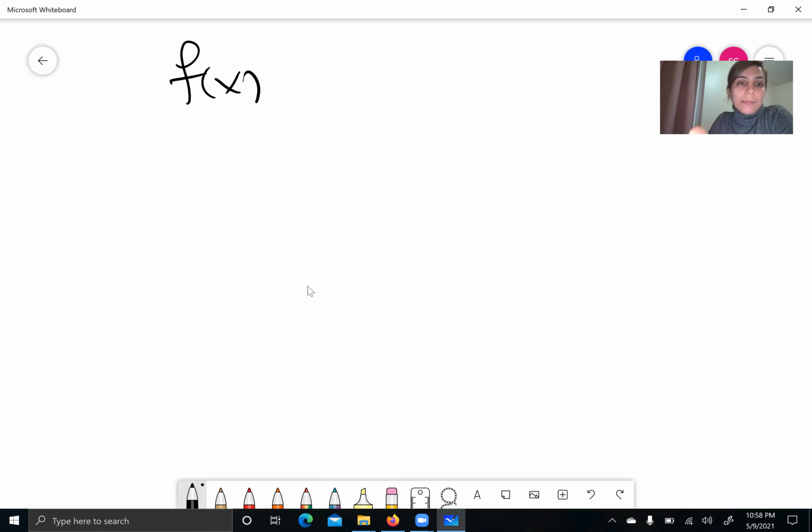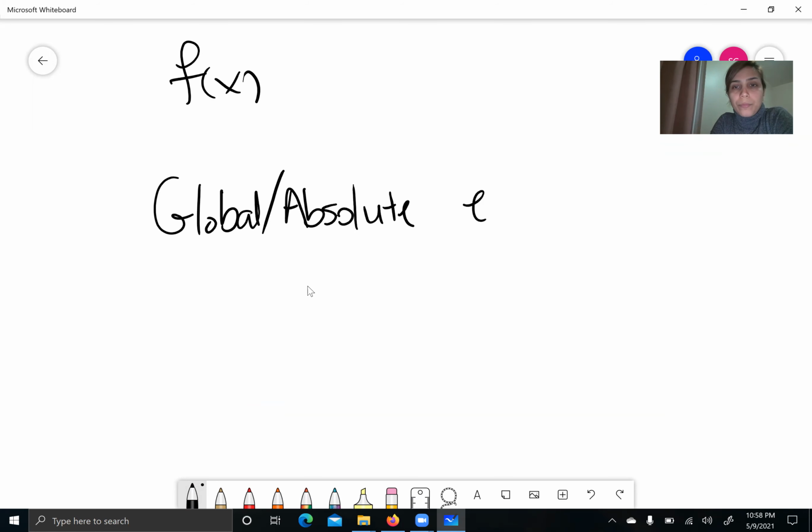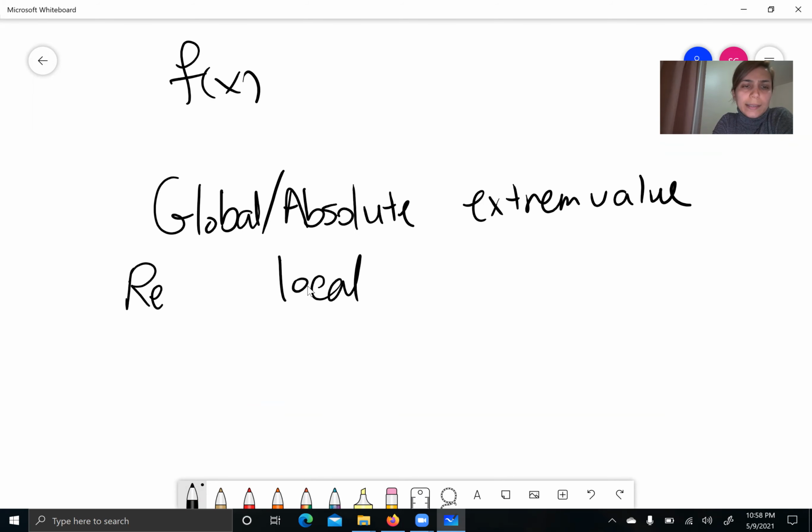In general, for a function, we can define the global, also called absolute, extreme values, like absolute maximum or absolute minimum, and also local, which are called relative or local extreme values.